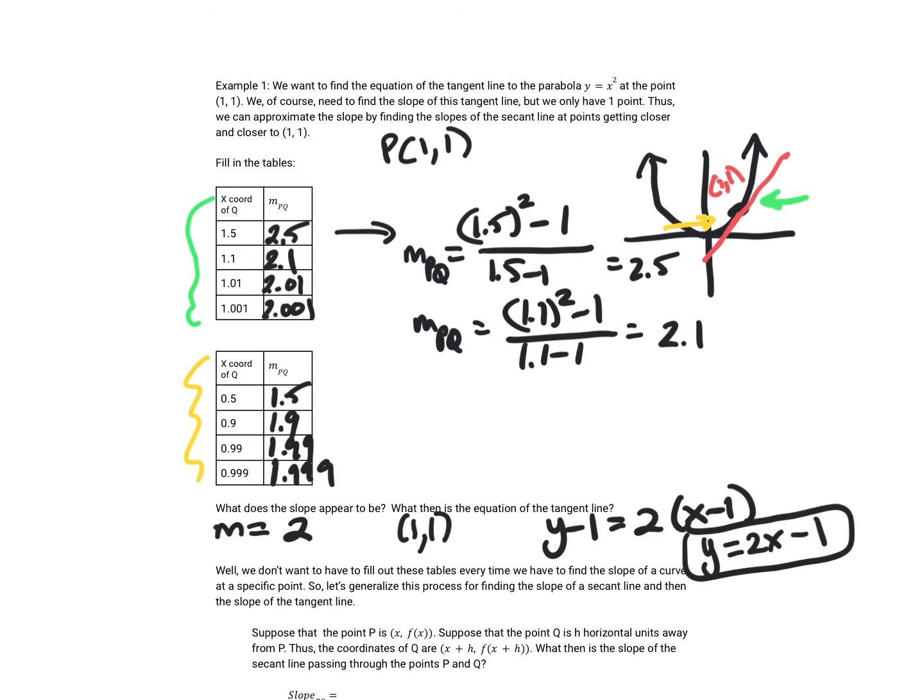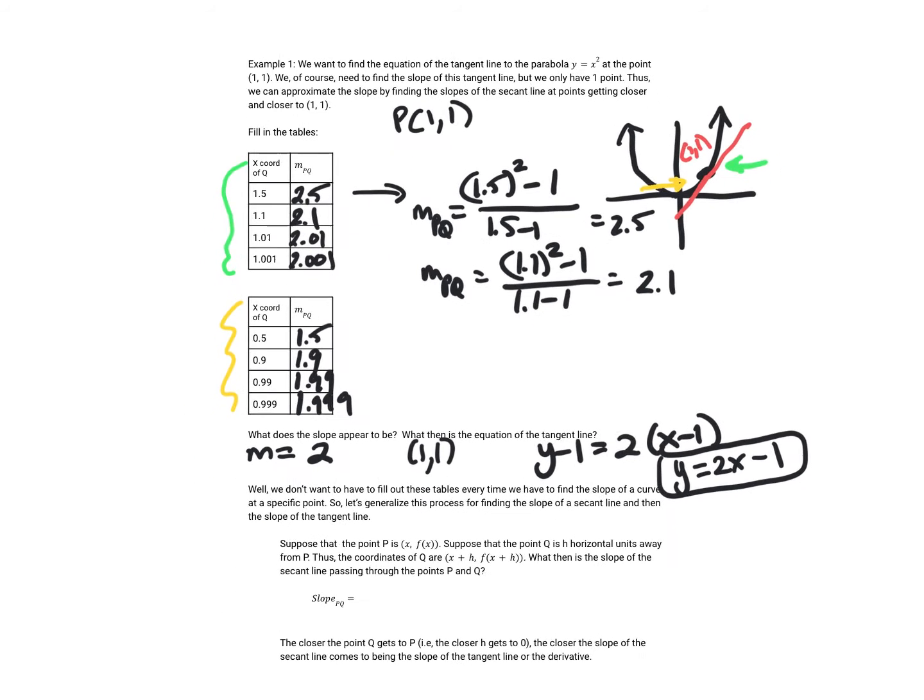So clearly, though, we don't want to do this table every time we have to find the slope of a tangent line. So let's think about if we can generalize. Let's go back to what we talked about on that first page at the bottom, when we had some general coordinates of Q as (x plus h, f of x plus h).